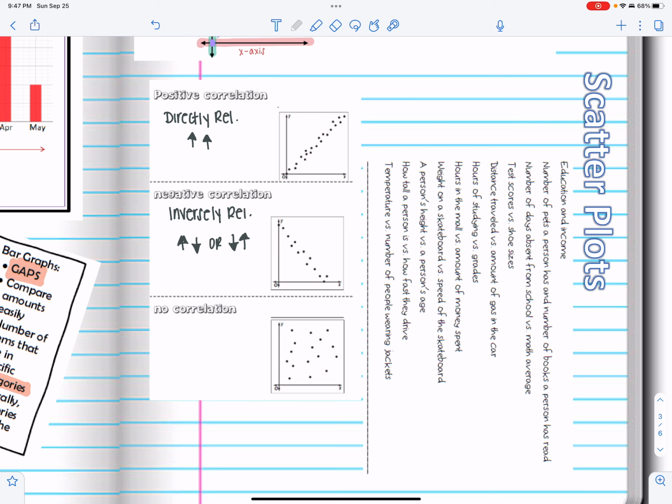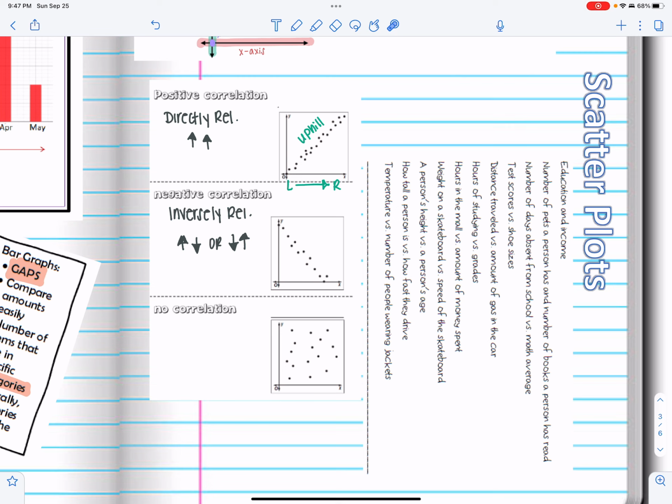It is going to be generally going uphill. Not every single point is going uphill, but generally the trend is going in the up direction. And just to note, we read graphs from left to right, just like we would read words. So when I say uphill, I mean going uphill from left to right.